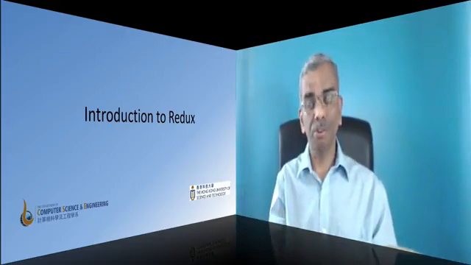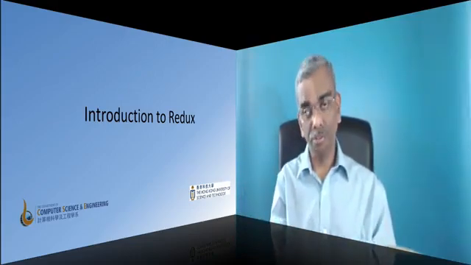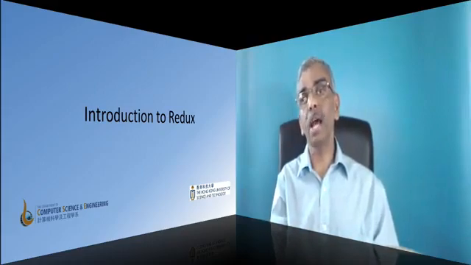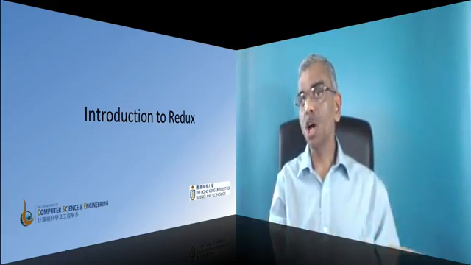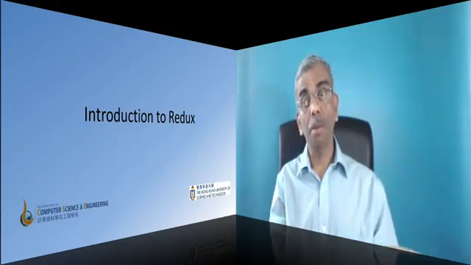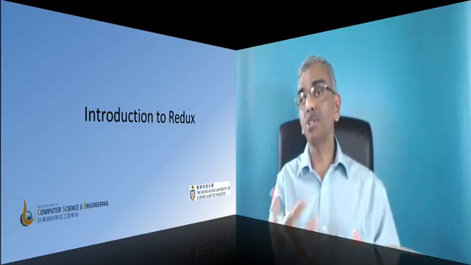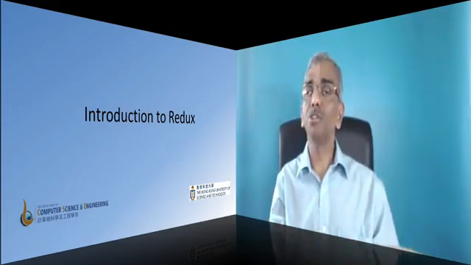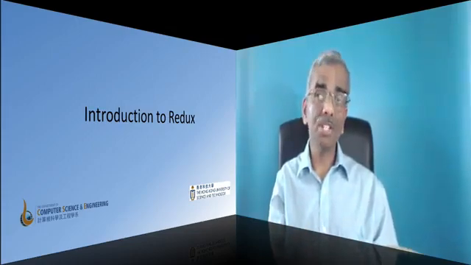Now let's talk about Redux and how we can make use of it within our React application. Redux was proposed by Dan Abramov in one of his talks at React Europe, where he was trying to demonstrate ideas about time travel, debugging, and so on. So he created this framework to demonstrate his idea.